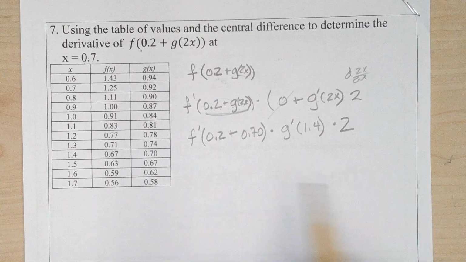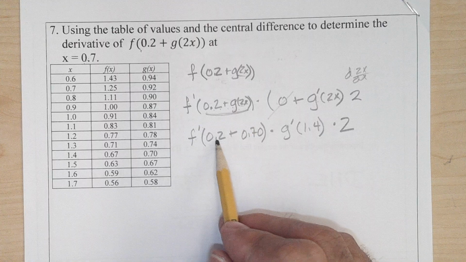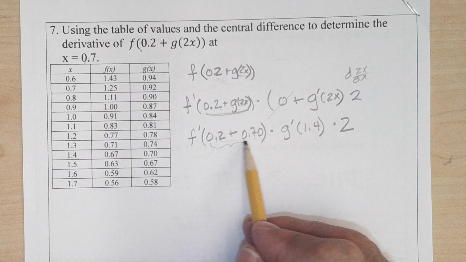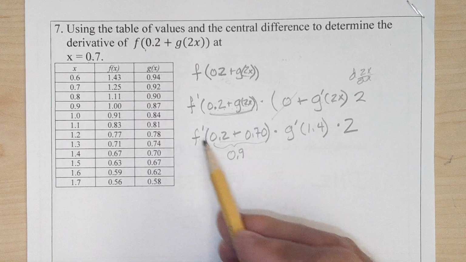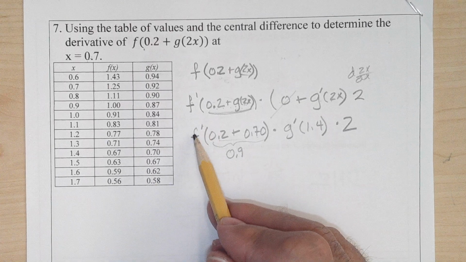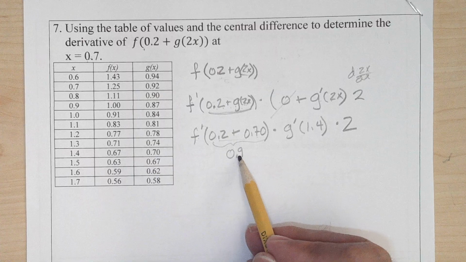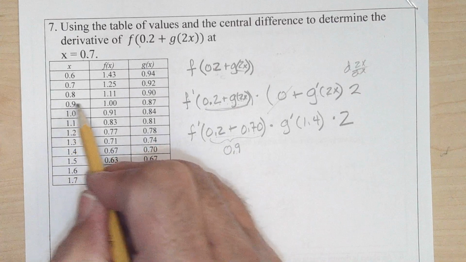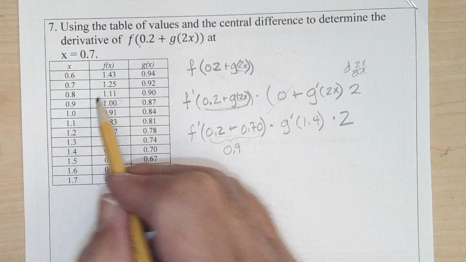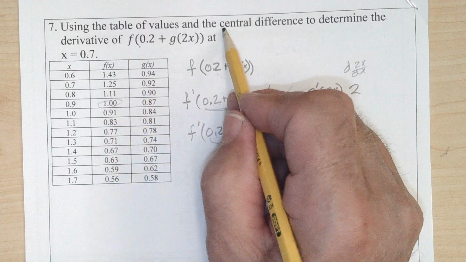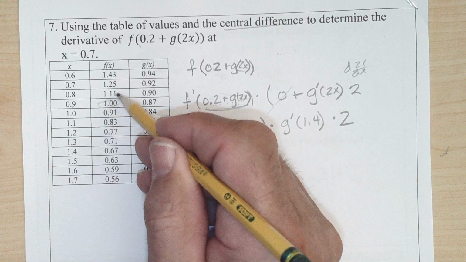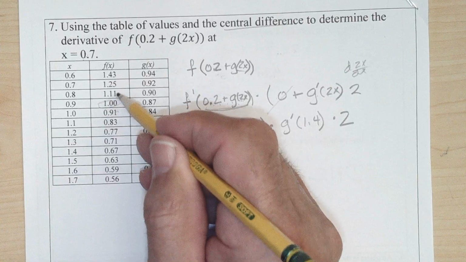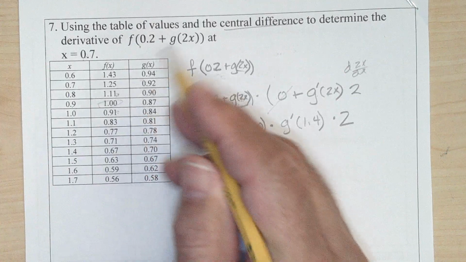Now, to get the slope of f at, let's see, this adds to be 0.9. So I need the slope of f at 0.9. So I need the slope here. And the central difference theorem says to subtract the two points on either side of that.